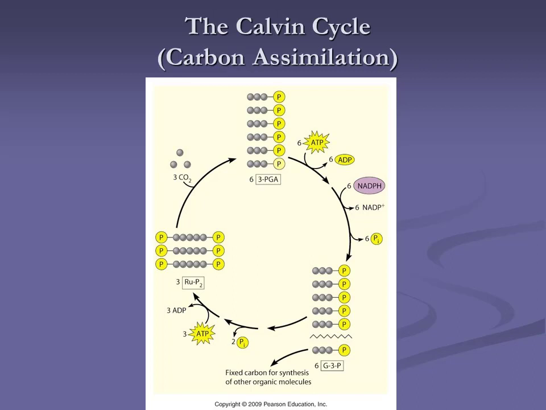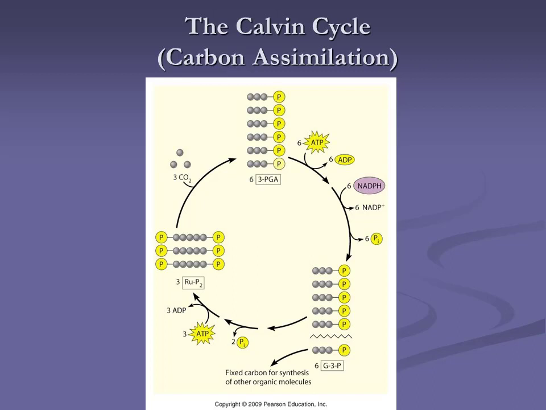And so as we bring in the CO2s, we use our Rubisco, 3 Rubisco molecules, we end up with 6 3-carbon molecules. And with these 6 3-carbon molecules, here comes our 6 ATP. We're going to add the phosphates to these. We're bringing in 6 electrons.